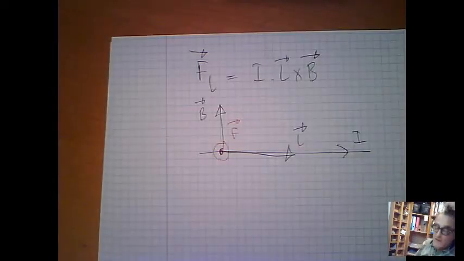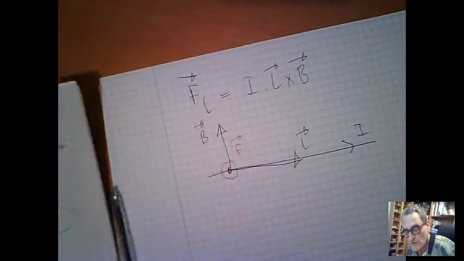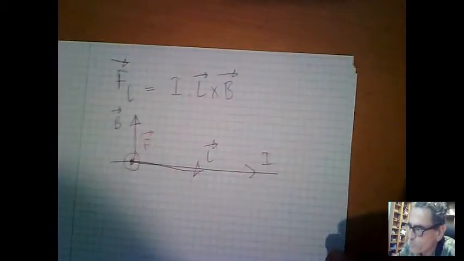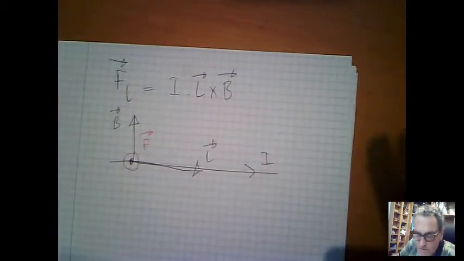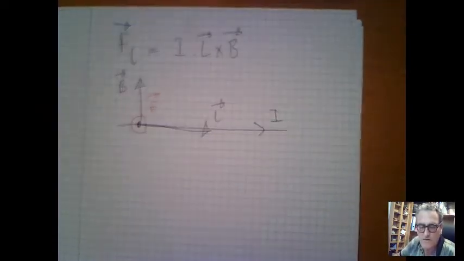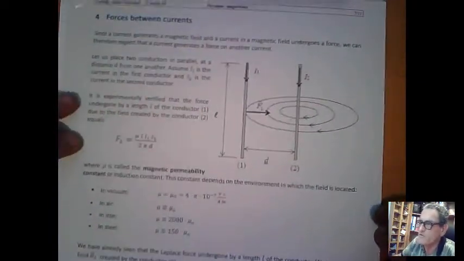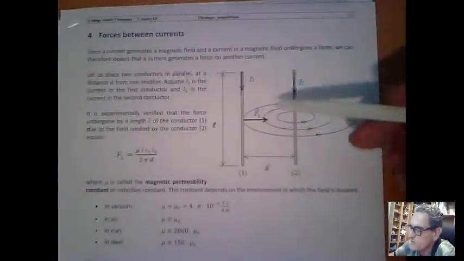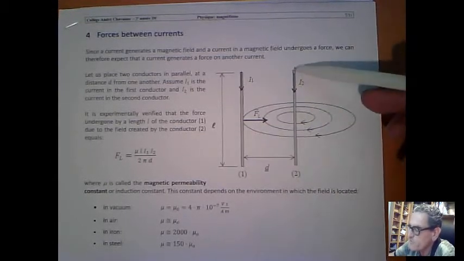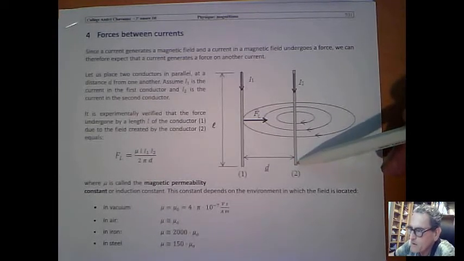So now I want to use this fact that we learned to try to derive in a very simple way the magnetic field due to one conductor, due to one current. For that, we will start from a situation which is a bit more complicated, which is the situation of two currents flowing in the same direction in parallel conductors.